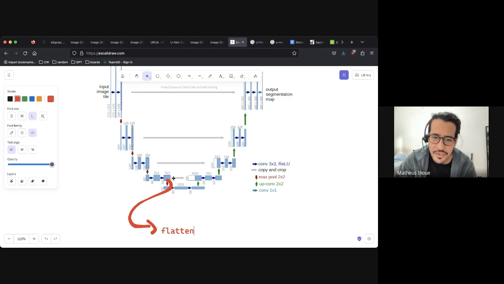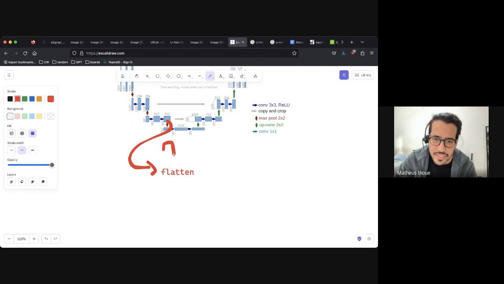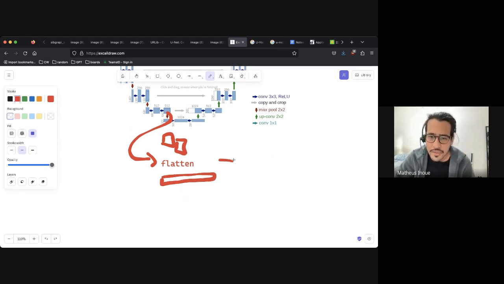So now instead of having feature maps, you have just an array of numbers, right? So it's really flat. And then with that, you can apply some fully connected layers, right? And then finally at the end, you have some output.